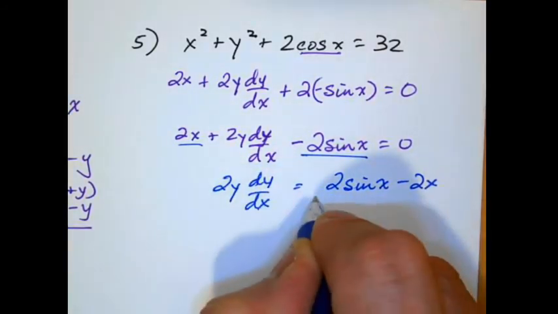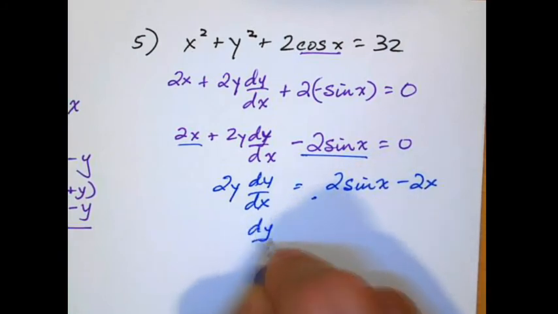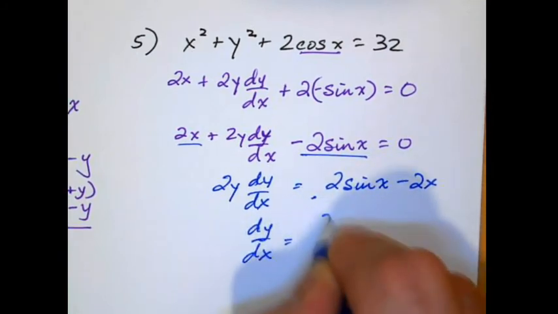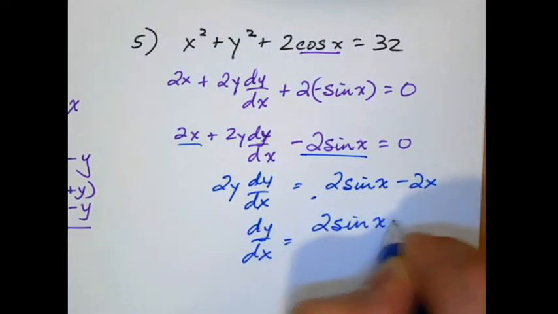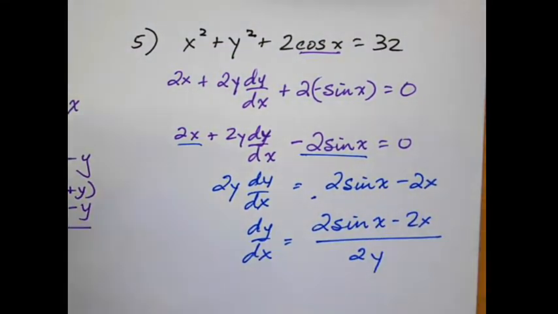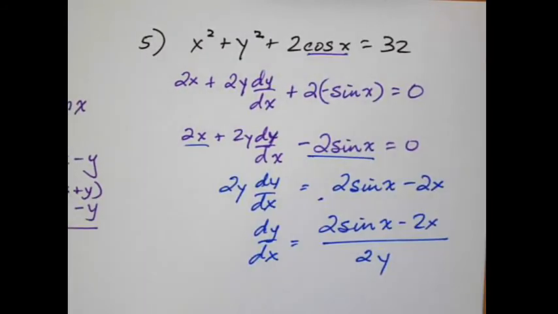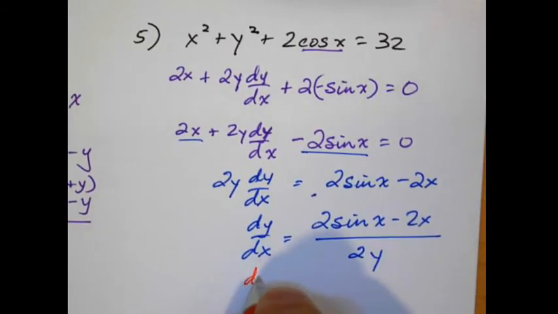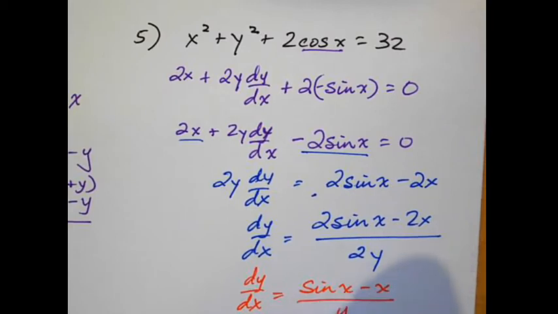And then I'm going to divide by 2y, so dy/dx is equal to 2 sine of x minus 2x over 2y. And obviously in this case you can see that you can cancel out a 2. So look for the answer of dy/dx equal to sine of x minus x over y.